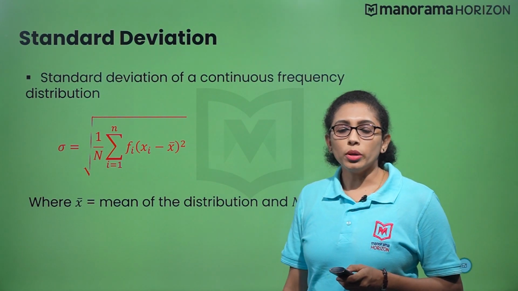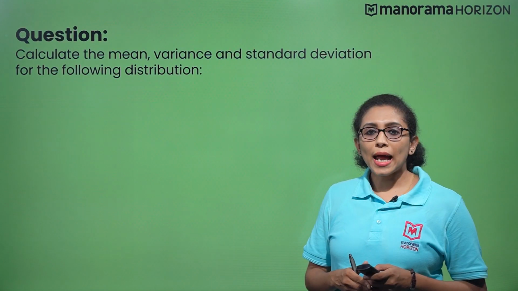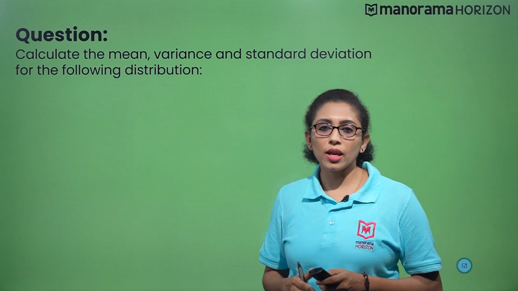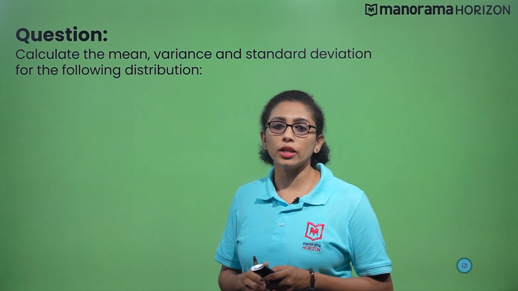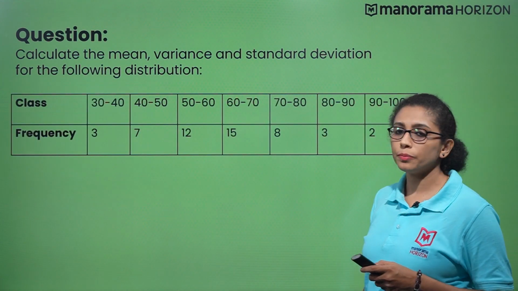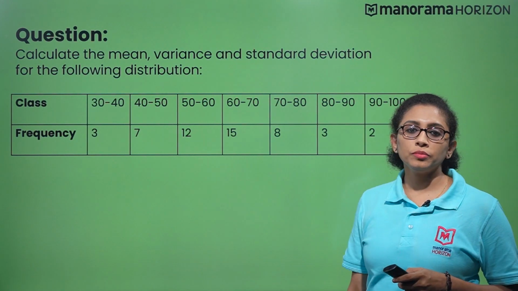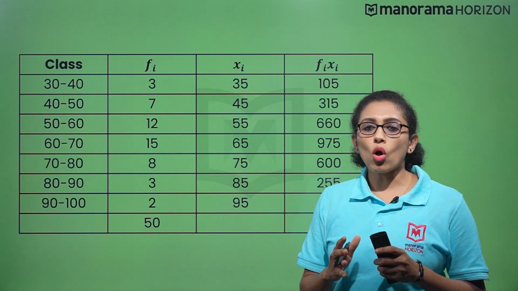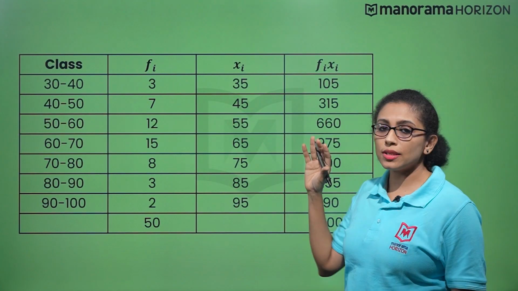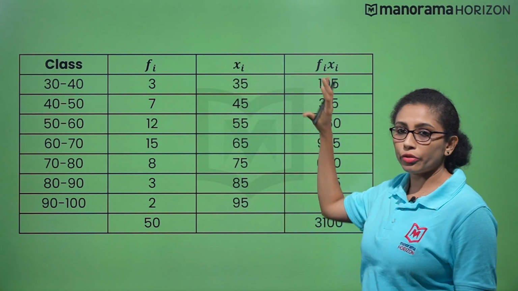Let's do one problem to get a better understanding. Calculate the mean, variance and standard deviation for the given distribution in the table. This is the table. Let us solve this question by presenting the data in tabular form.